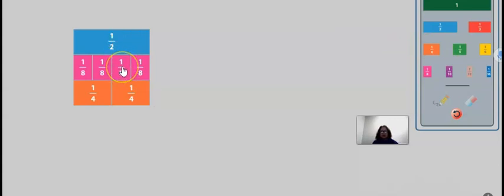1/2 equals 4/8, which equals 2/4. Also could equal 3/6. It could equal 5/10. 5 out of 10 is half of 10. Can you think of one more?